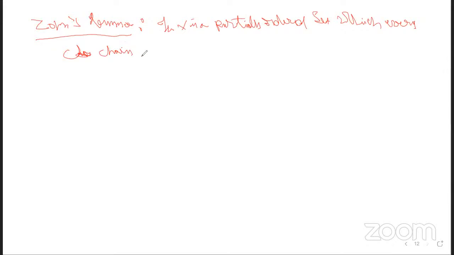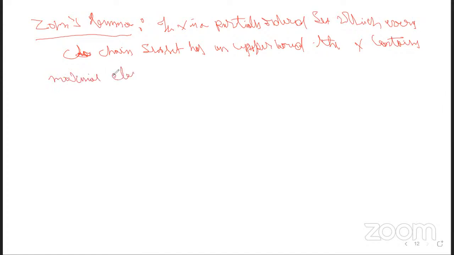Zorn's lemma. If capital X is a partially ordered set in which every chain subset has an upper bound, then X contains a maximal element, at least one element.